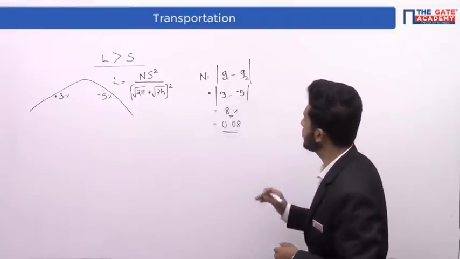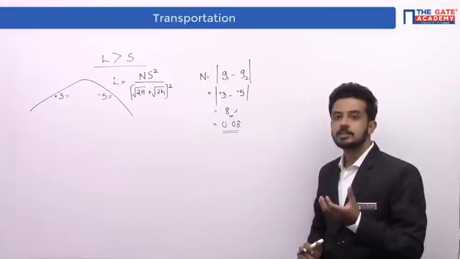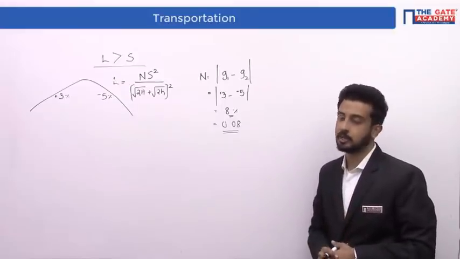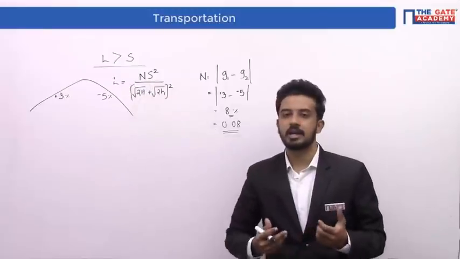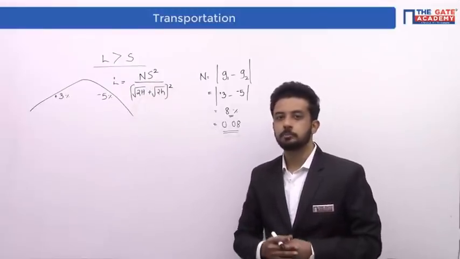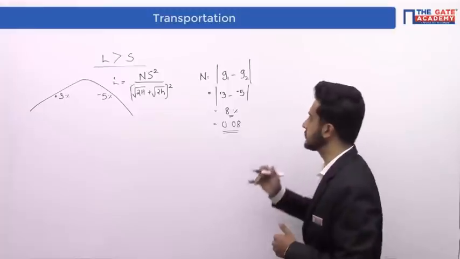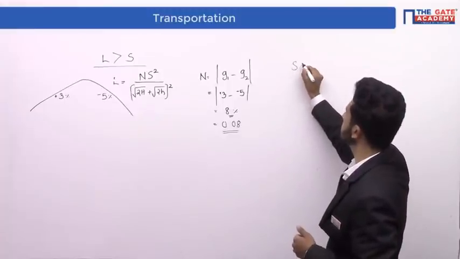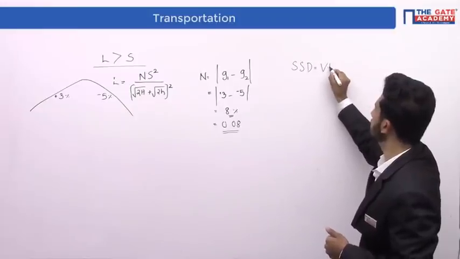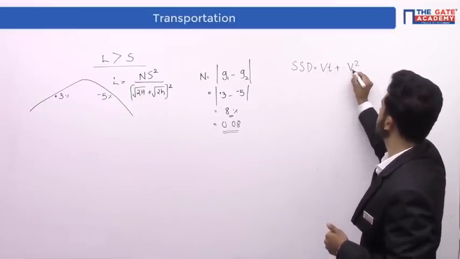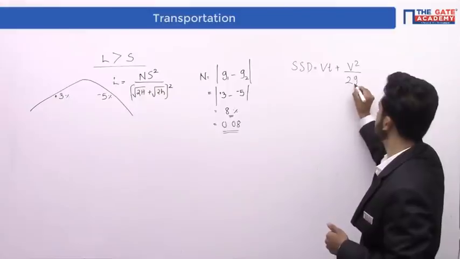So in this question they have asked based on stopping sight distance. So I want to find out the value of S. S means what? Safe sight distance. So since they have asked for stopping sight distance, first I have to find out what is stopping sight distance.